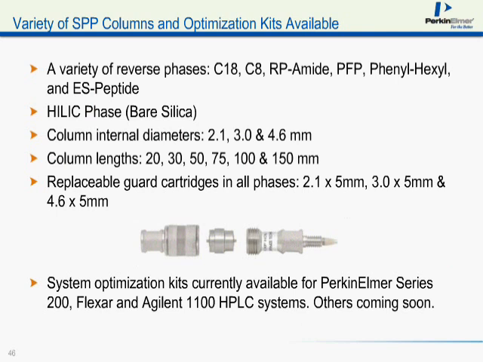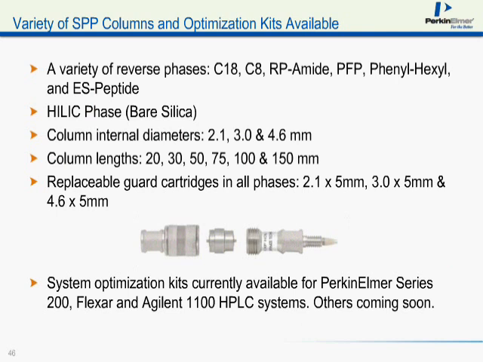You have an RPA amide for more of your midpolar to polar compounds. This has an embedded amide group in a C18, and it's an end cap type particle. We have the pentafluoropropyl and the phenylhexyl, which are appropriate a lot of times for your aromatic compounds.